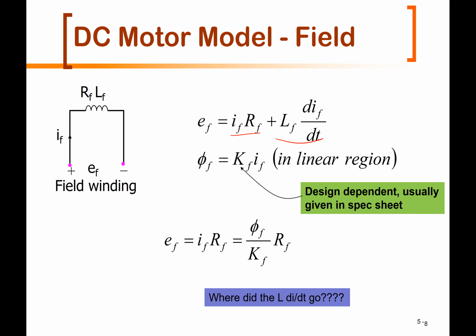Again, since this is a DC circuit, if you think about a separately excited machine, after you power on the circuit and the transients die down, you have no di/dt, and you just have I field times R field. If you wonder where the L di/dt went, it's because it's a DC circuit, so di/dt is 0. That is basically all you have for the model of the field circuit. So you can see DC machines are very simple. We just have one or two resistors in the model for the equivalent circuit.